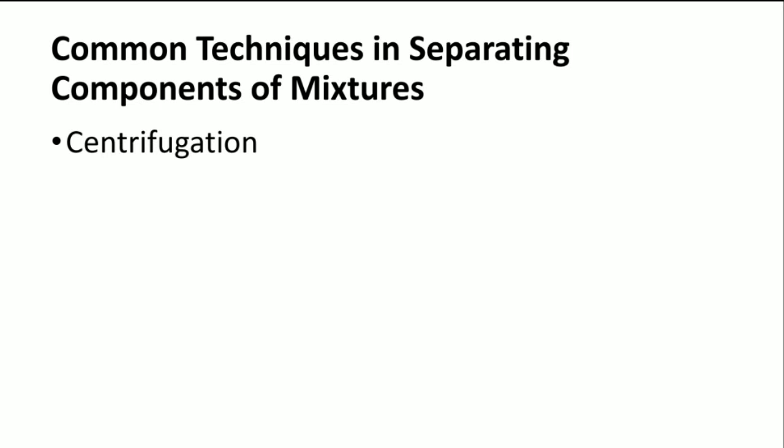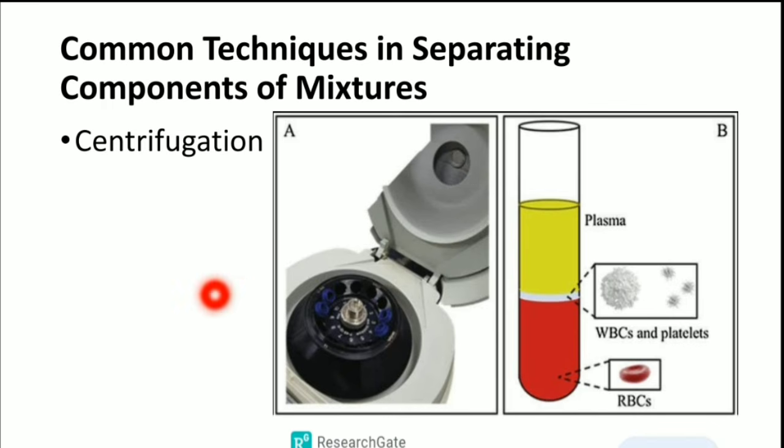Another is centrifugation. This is an example of a centrifuge. This is done when a mixture has components that have different densities. For example, blood. When doing blood testing, the sample of blood is subjected to centrifugation. That is to separate the components.